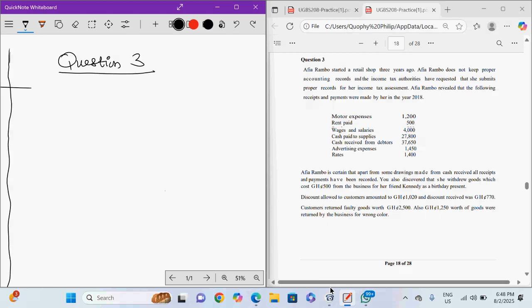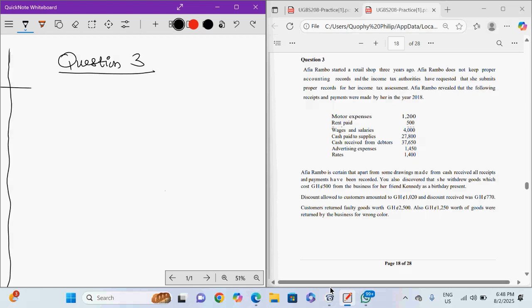Continue. Motor expenses, 1,200. Rent paid, 500. Salaries and wages, 4,000. Cash paid to suppliers, 27,800. Cash received from debtors, 37,650. Advertising expenses, 1,450. Rates, 1,400.